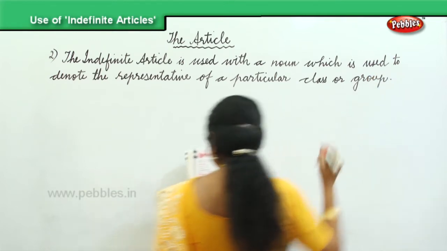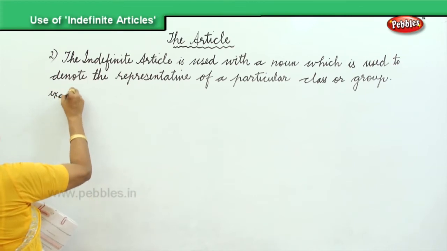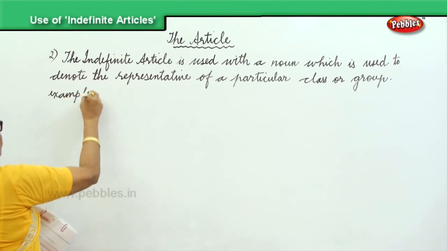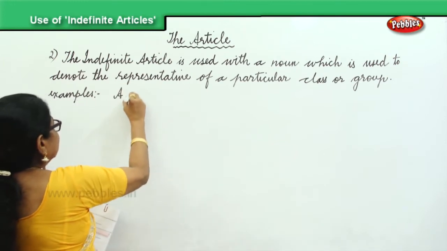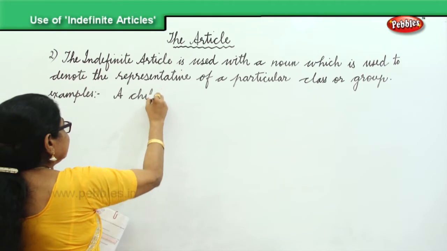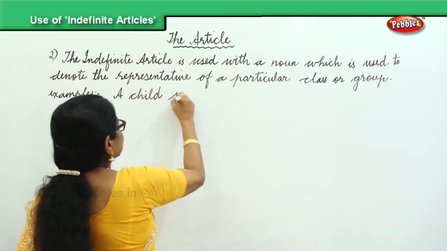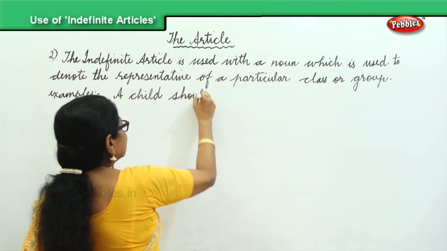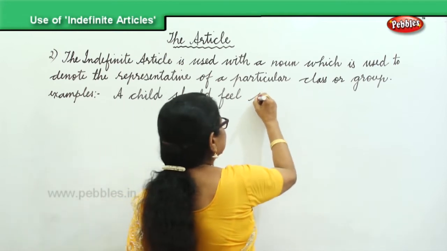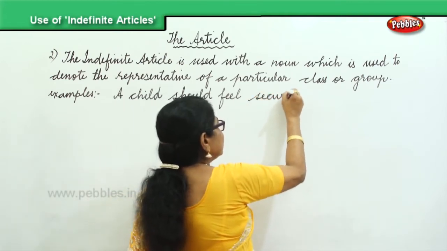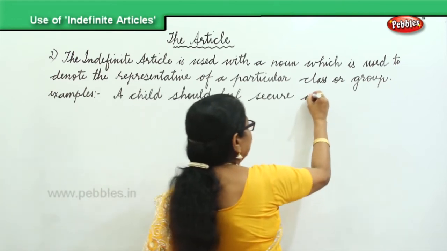Now let's look at the examples here I have for you. The first one is a child. A child should feel secure in school.